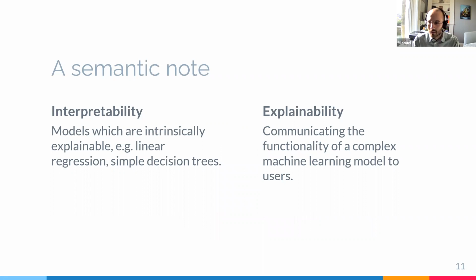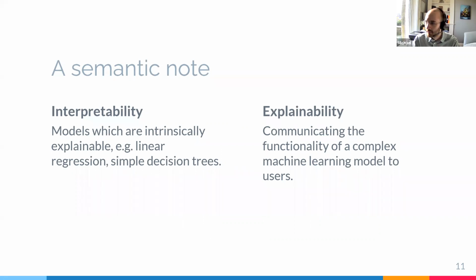So a quick note on interpretability versus explainability. This here is my preferred definition of these 2 terms, which is that interpretable models are those which are intrinsically explainable. So those that we don't have to do anything whizzy to be able to explain and understand them, like simple linear regressions or decision trees.